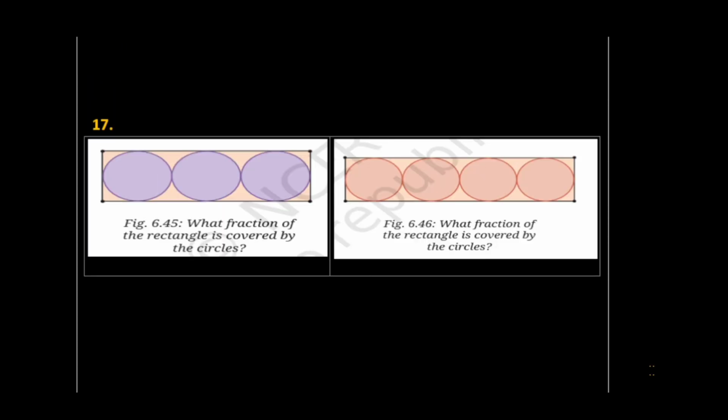Now 17th question. What fraction of the rectangle is covered by the circle? So two diagrams are there. In the first diagram we have 3 circles. In the second diagram we have 4 circles.